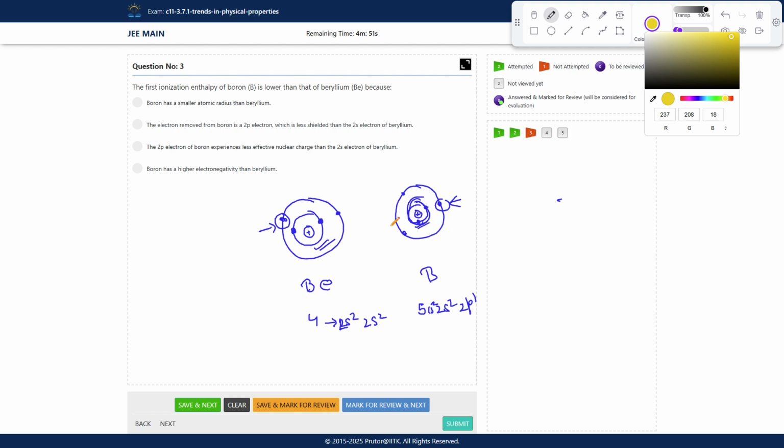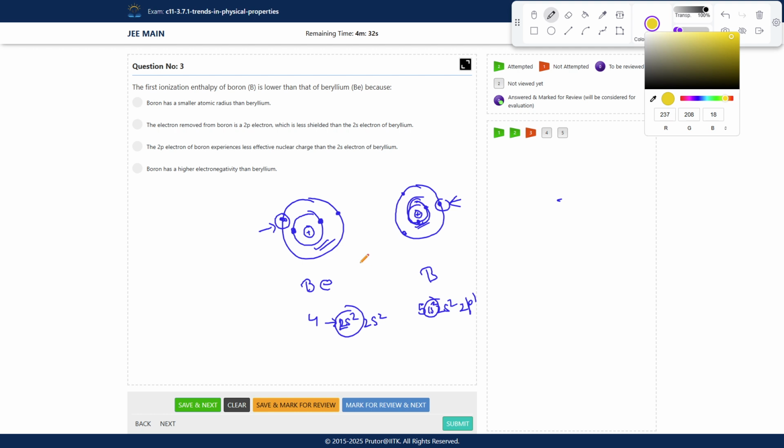Both have a similar inner part, which is 1s2. Any problem in that? So this shell is the thing which is shielding the outer electrons. I guess it is clear to all of you.